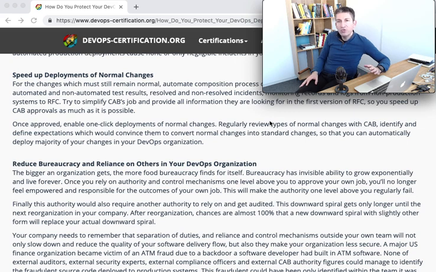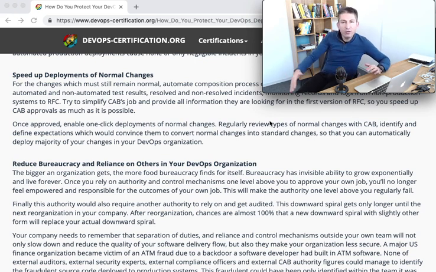Then what you need to do is create great RFC documents which contain everything that your CAB is looking for, and then regularly sit with CAB experts together, or with their team leads, or with their single points of contact, to understand what kind of info they need to release some normal changes into standard changes.